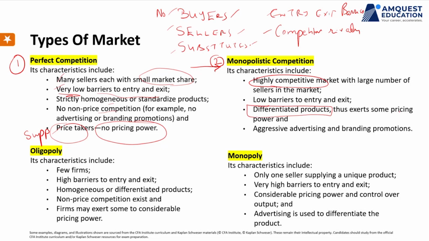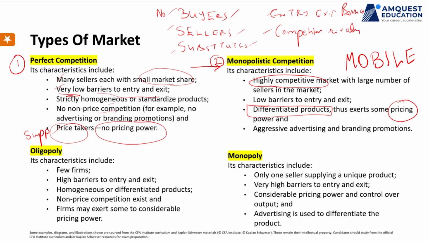Therefore, there's pricing power. Okay, now the best example of monopolistic competition is mobile phones, right? You'll notice there's Apple, earlier Samsung, there is Oppo, Redmi, Realme, and others. Not so many also. There are just 10 or 12 players in the market, 14, right? Now, these 14 players are competing with each other. Obviously, there are some barriers because to make a mobile phone, you have to have some approvals, you have to have capital.